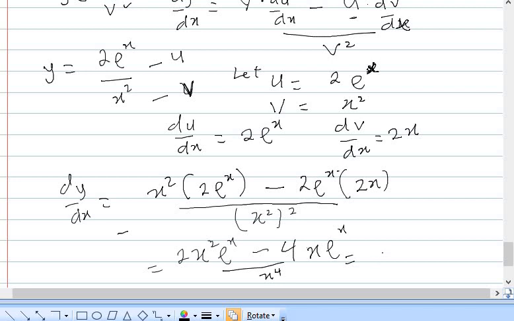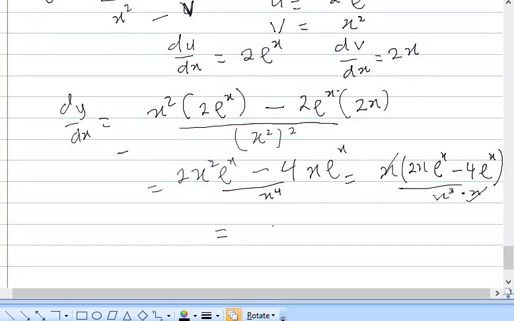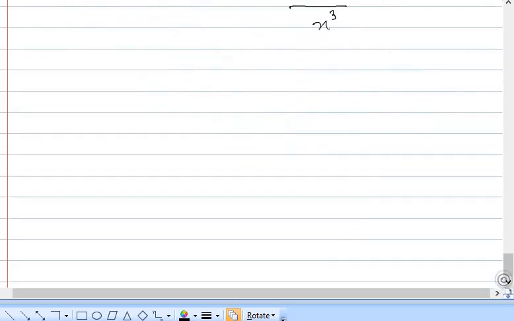We can factor out x, so x into 2x exponential of x minus 4 exponential of x. Then we have x to the power 3 times x, so x cancels x, and the final answer should be 2x exponential of x minus 4 exponential of x, all over x cubed. So this is the final answer.